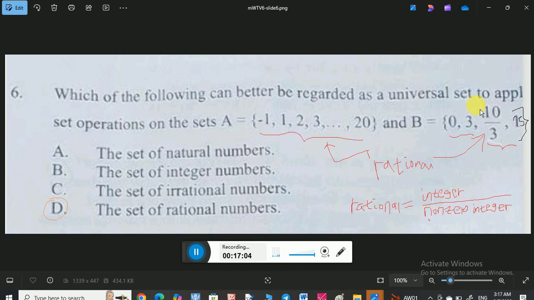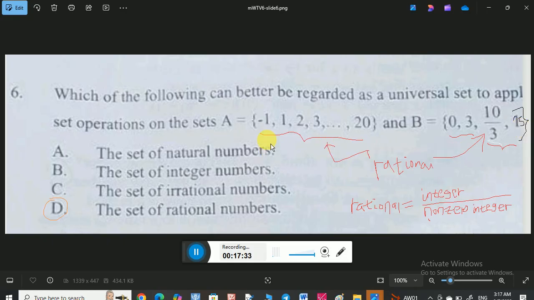A universal set is a set that contains all elements that we need for a particular discussion. So in this specific discussion, the numbers given are, in A we have negative integers and positive integers, that means they are integers. In B we have 0, which is also an integer, 3, which is also an integer, 10 over 3, which is a fraction, 15, which is an integer.